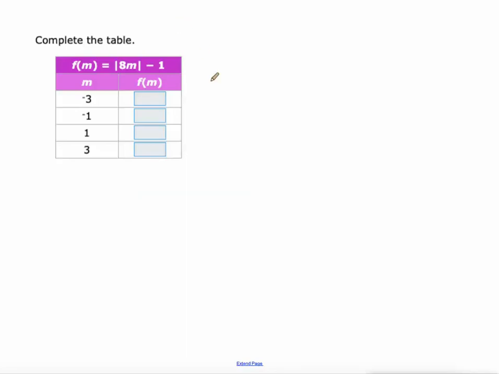Let's keep going. This time we have f of m is equal to the absolute value of 8m minus 1. Let's use some mental math this time. If we do f of negative 3, we'd get the absolute value of 8 times negative 3, which is negative 24, minus the 1.